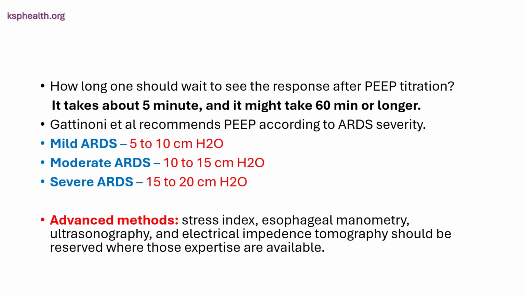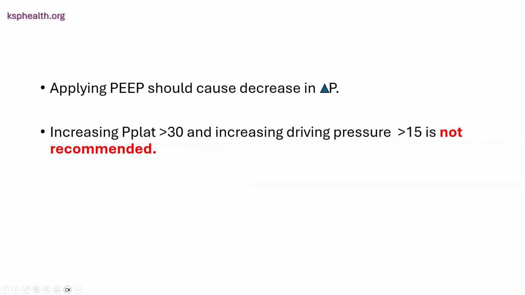There are some advanced methods to identify exact PEEP needed in those patients, like stress index, esophageal manometry, ultrasonography, electrical impedance tomography, but it's not available in every center. So, in a resource limited setting, in most of the settings, this is the best go to. And the other important thing when you titrate the PEEP, check the driving pressure.